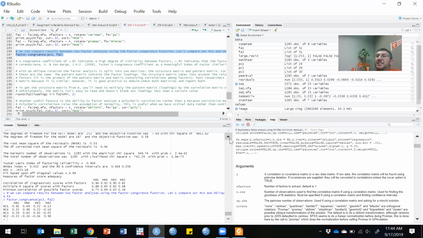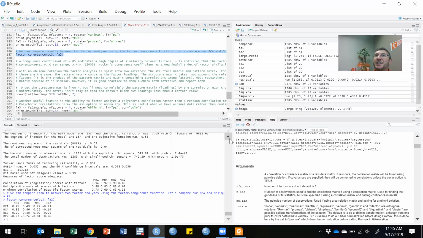When that happens, there's a little bit of confusion about what exactly the factor loadings are. In an orthogonal rotation, since there's no correlation between the factors, this problem doesn't come up. But in an oblique rotation, it does.